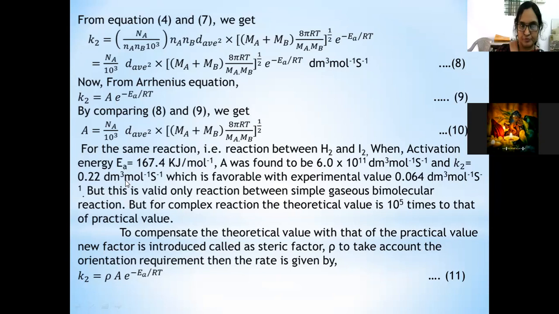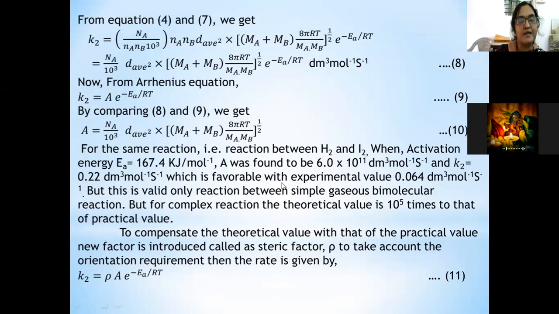Now, when the rate is calculated for the reaction between H2 and I2, when the activation energy EA is equal to 167.4 kilojoule per mole, then A was found to be 6.0 into 10 to the power 11 decimeter cube mole inverse second inverse, and K2 is equal to 0.22 decimeter cube mole inverse second inverse.